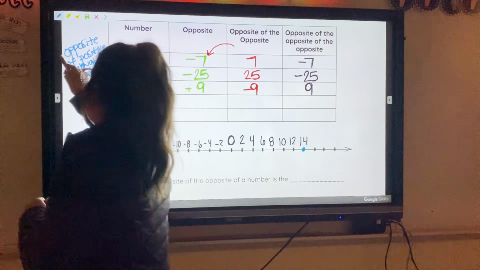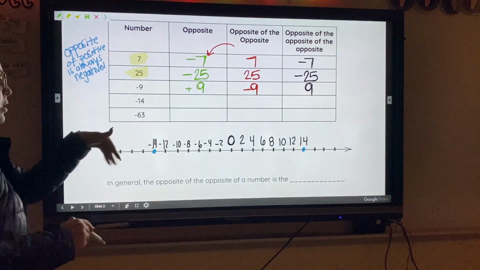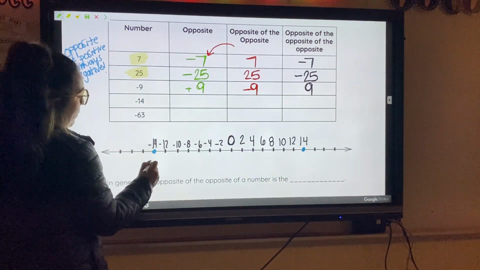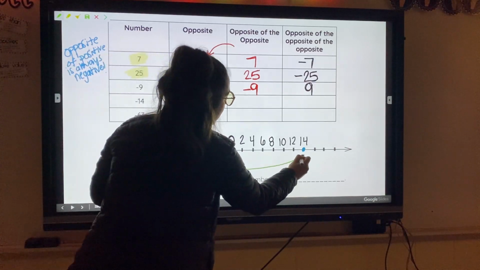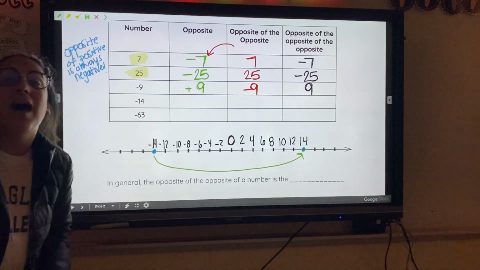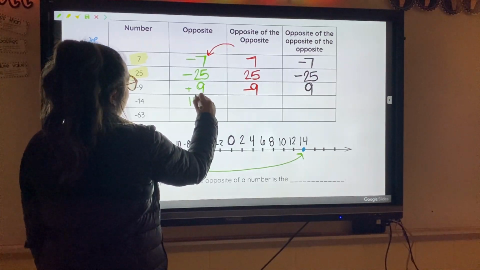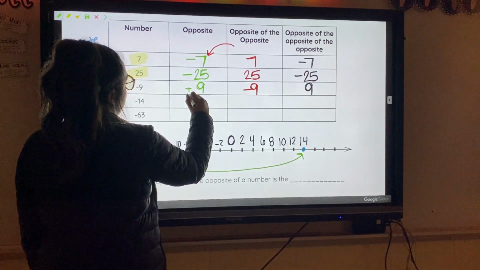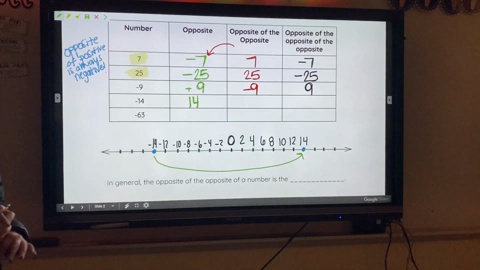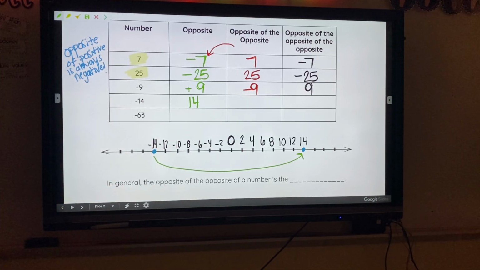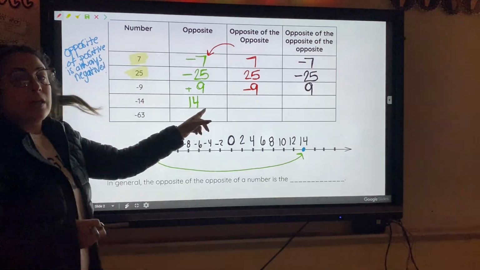So that means, and I'm going to go under instead of over, that the opposite of negative 14 is positive 14. So I'm just going to put 14 right here. Now I need to figure out the opposite of the opposite. So the opposite was 14.